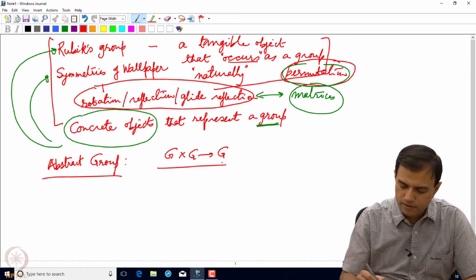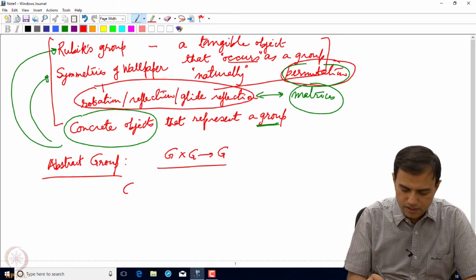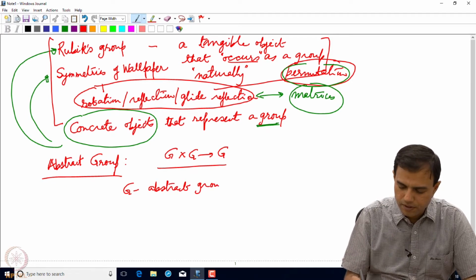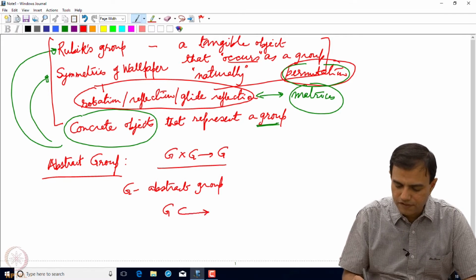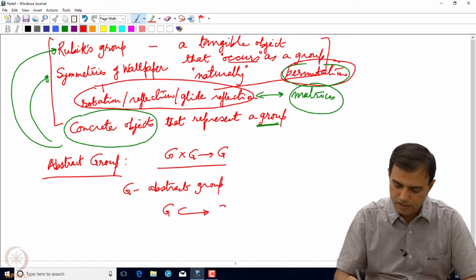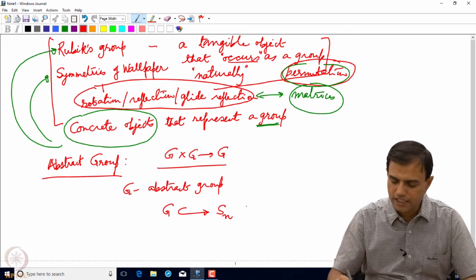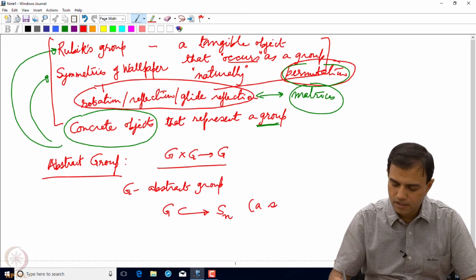So the statement is, when you have an abstract group, then it can be thought of as if it is sitting inside Sn, a suitable permutation group.